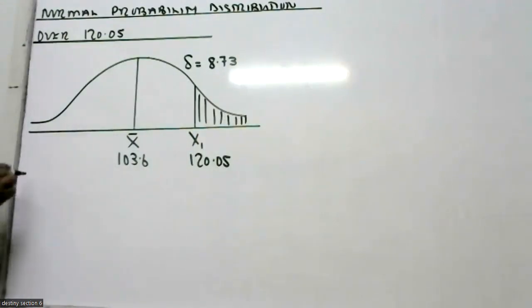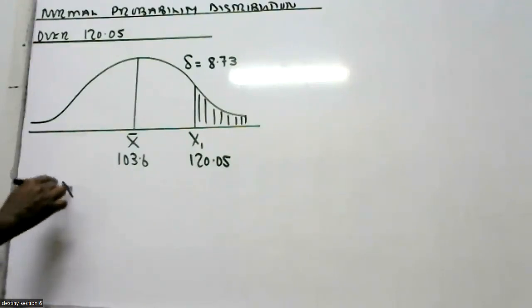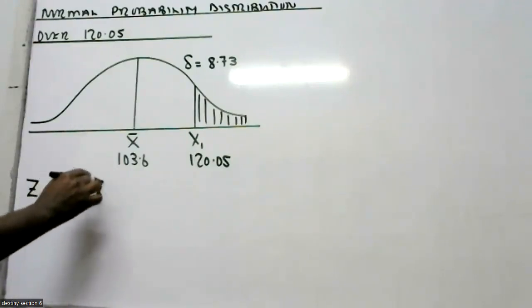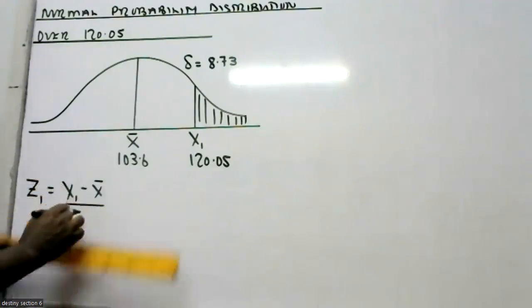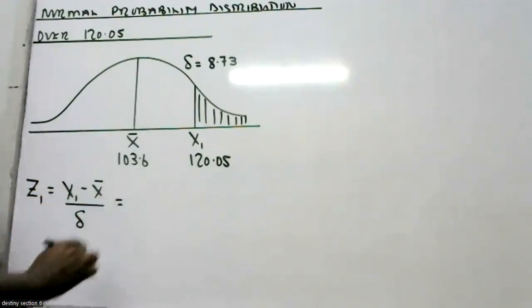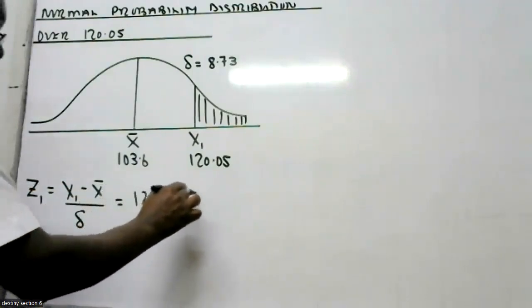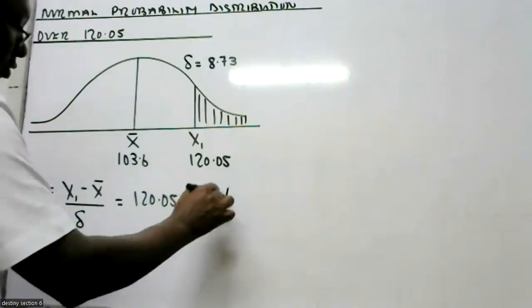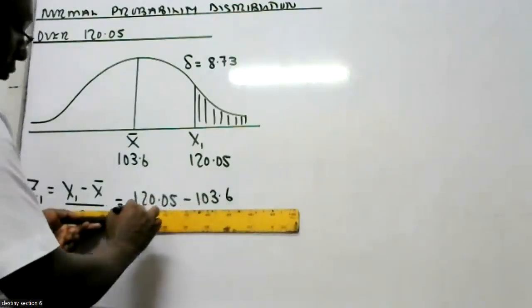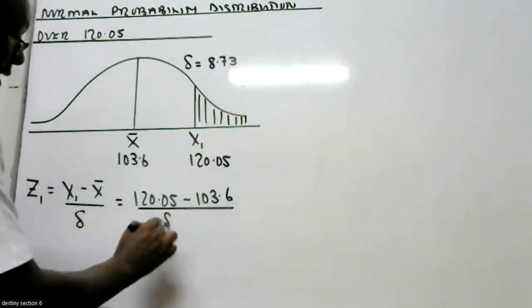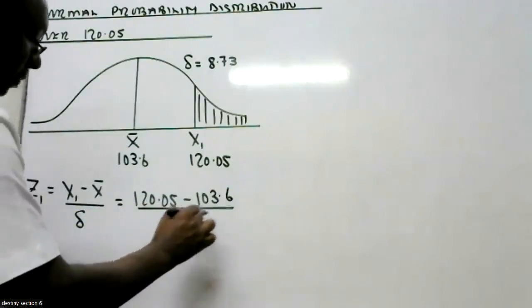So we now seek to get our z1, which will be given as x1 minus x bar, you divide by standard deviation. And this becomes 120.05 minus 103.6, you divide by 8.73.